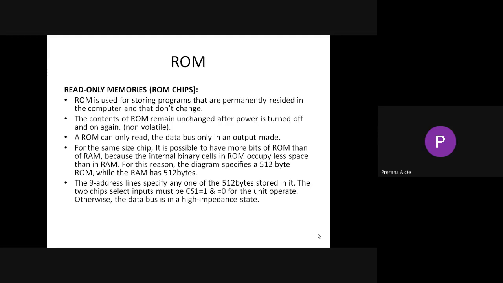So read-only memory is non-volatile. Whenever the computer is switched off, the contents of the memory will remain.